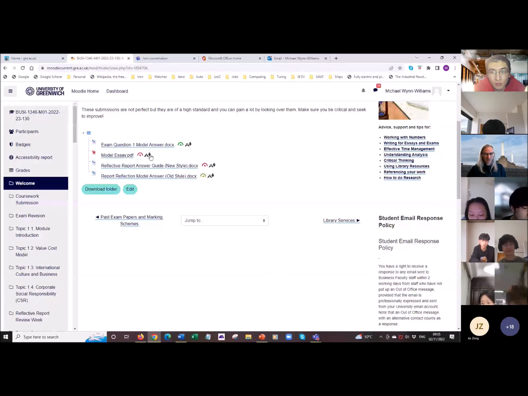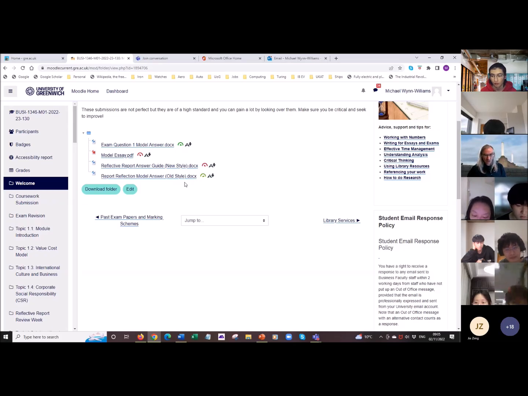Then we're into the 3 model answers that are connected to the assignment that you're doing. Why are there 3 there? Because last year there were 2 separate assignments. There was the reflection report and there was an essay. The reflection report was around about now, and the essay was in February, I think, February or March.